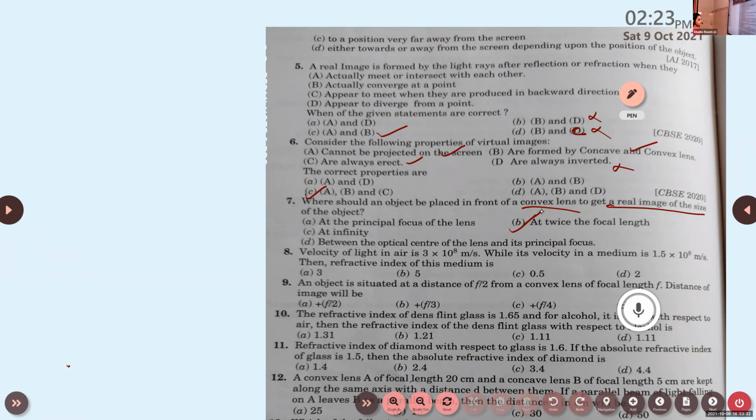How can we find out the refractive index?